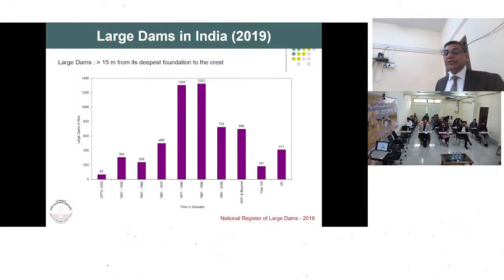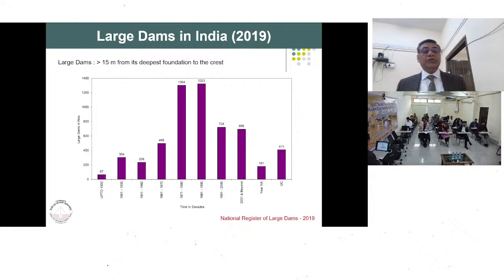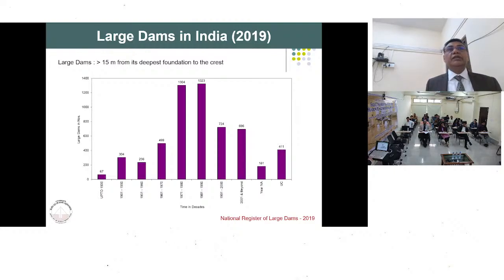Let us try also to see how the dams have been built in the country over a period of time. So we see that up to 1900 very few dams, 67 dams, were there. Then from 1900 to 1950, in the next 50 years, around 300 more dams were constructed. In the next 50 years again around 236.